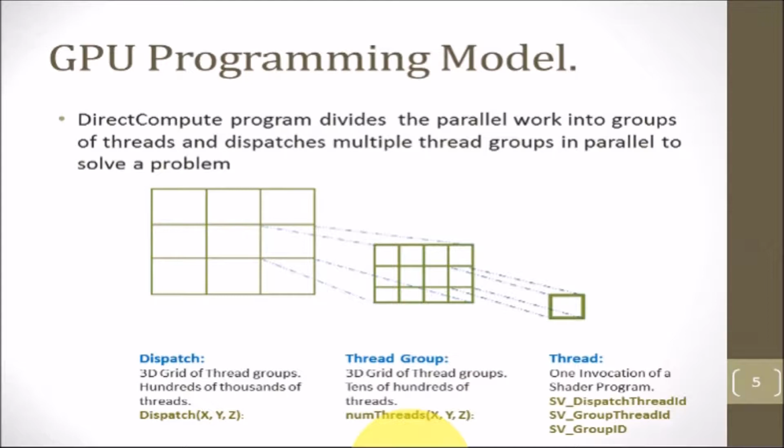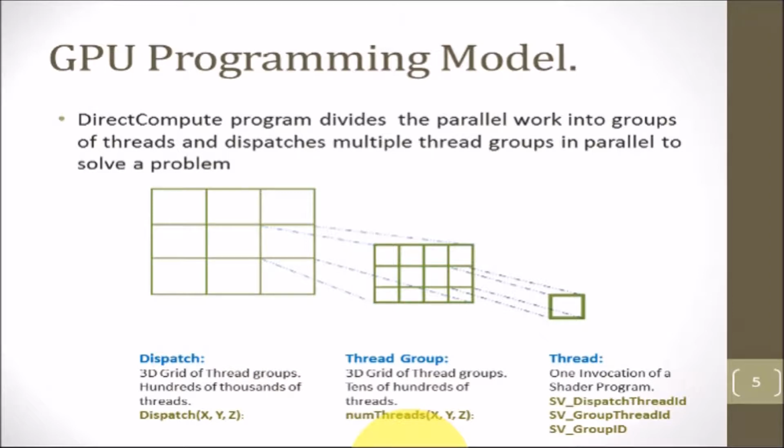Now we will look into how the GPU programming model works. The GPU is made up of thousands of processors, where each runs a thread. A Direct Compute program divides the parallel work into groups of threads and dispatches multiple thread groups in parallel to solve the problem.